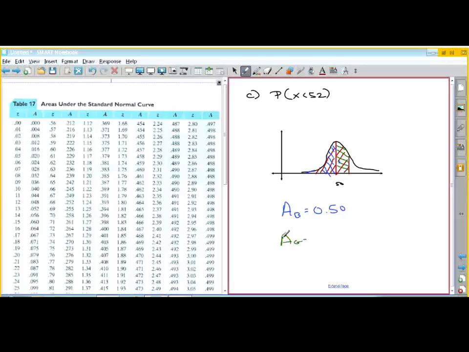The green area is going to be a function of the z-score associated with 52. So it's a function of z, and it's going to be 52 minus the mean divided by the standard deviation, which is 4.8.